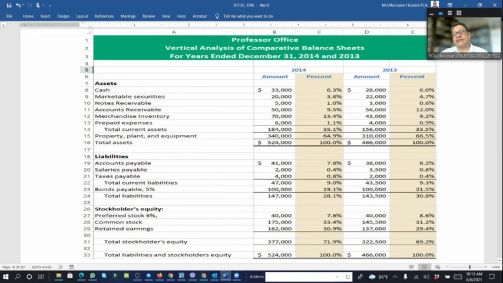So what is happening here is that our payable reduced due to payment of the amount, and the same for receivable. If we see here on the asset side, accounts receivable, it was 12%, but in this year 9.5%. It means that money was received.